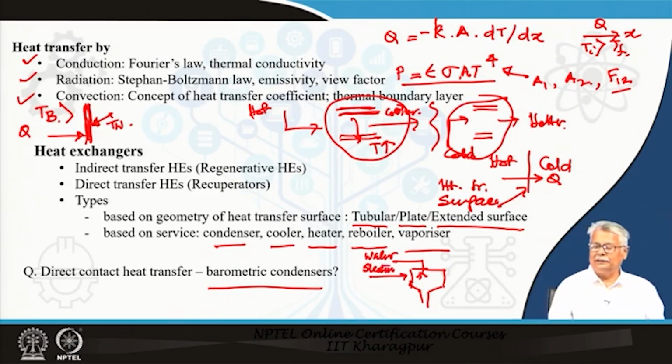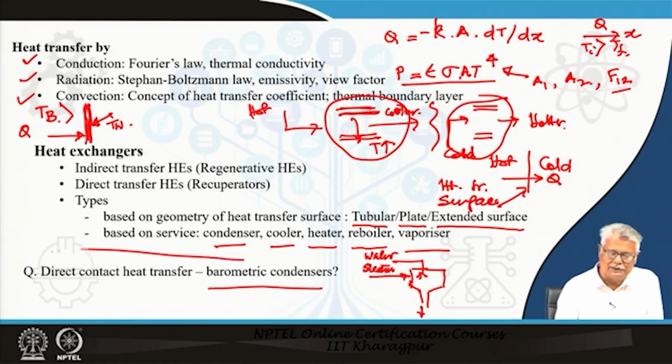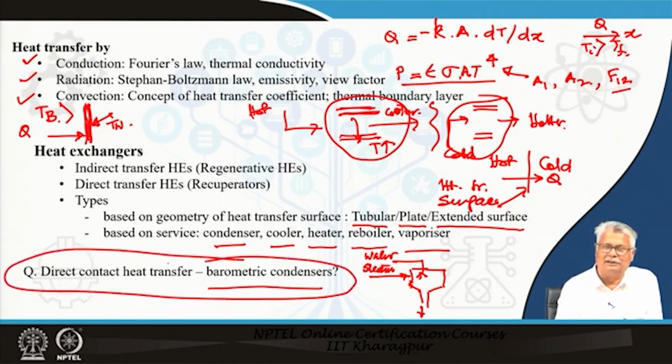What will happen? The steam will come in contact with the cold water, it will condense and both will come out. This is used for creating vacuum in many systems, in evaporators, and also in distillation columns which operate under vacuum. So, I suggest that you look up the book by Kern, Process Heat Transfer, and find out for yourself what exactly a barometric condenser is.